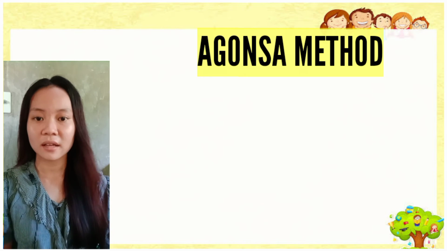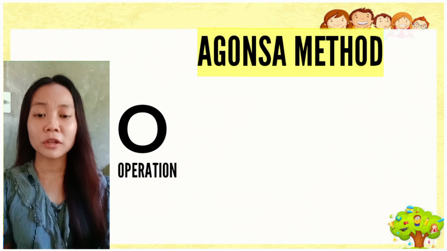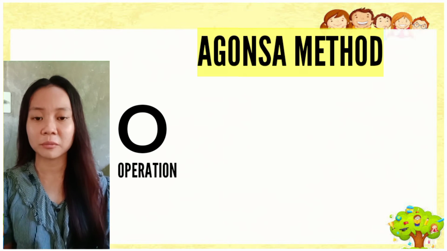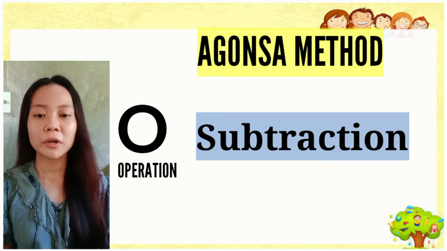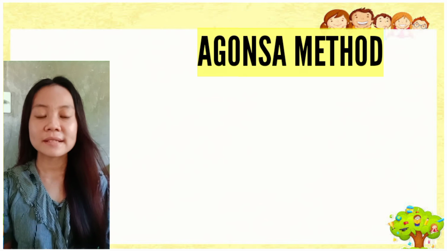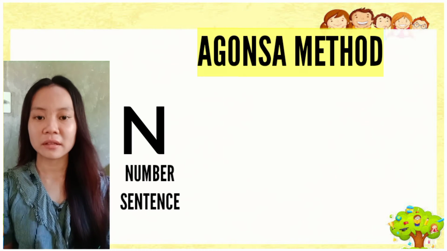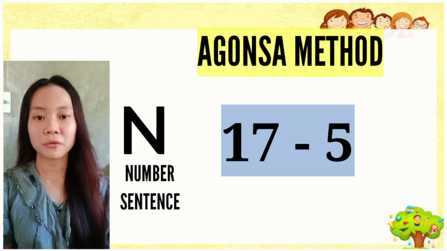So next is the operation. So what operation is used in that problem? So the operation is subtraction. So next is the number sentence. So the number sentence for that problem is 17 minus 5.